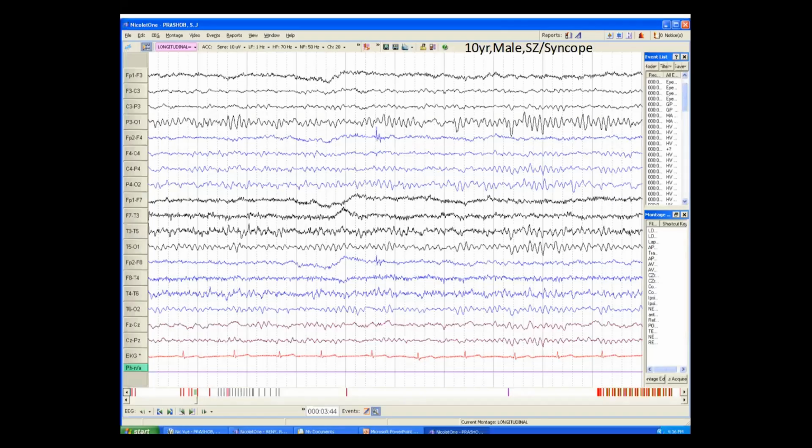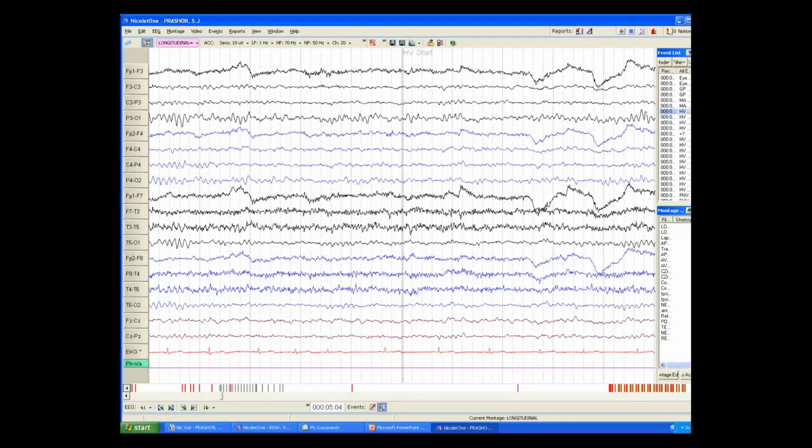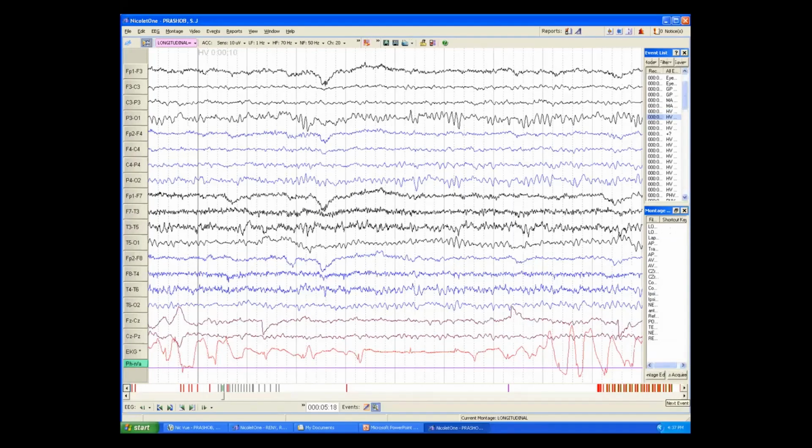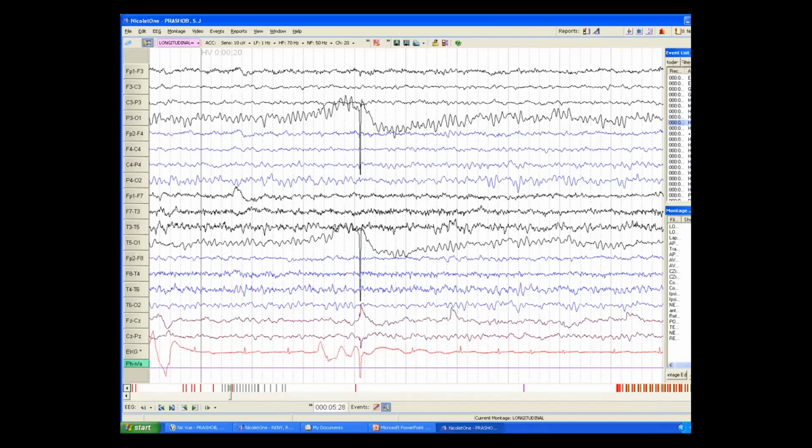So this is one of the EEGs, of a 10-year-old male patient, showing a beautiful background alpha, which you can all see. You can see the HV start, which is mentioned there. And you can see that the HV is going on to 10 seconds. Nothing remarkable seen. Now it is going to the 20 seconds.